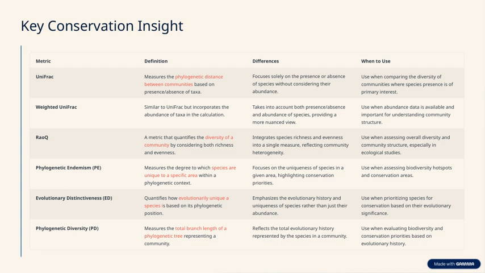Essentially, it reflects the cumulative evolutionary history represented by the species present. This metric is helpful when evaluating biodiversity from an evolutionary perspective and setting conservation priorities. All of these metrics connect back to our overarching goal, understanding and preserving biodiversity in a way that captures both species' identities and their evolutionary significance.